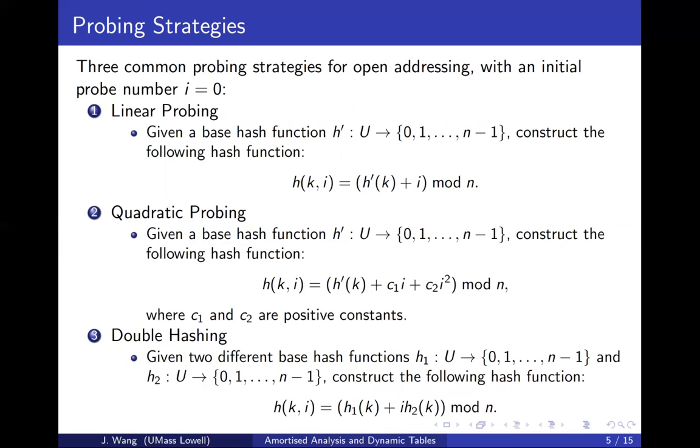Let's say h prime is the original hash function, which only takes a key value. Now I want a function that takes the key value k and the number of probes i as input. So we simply add i to h prime of k and take the modulo n.